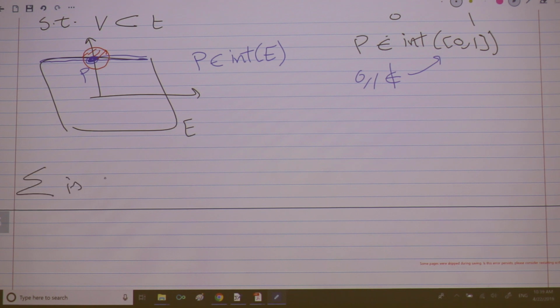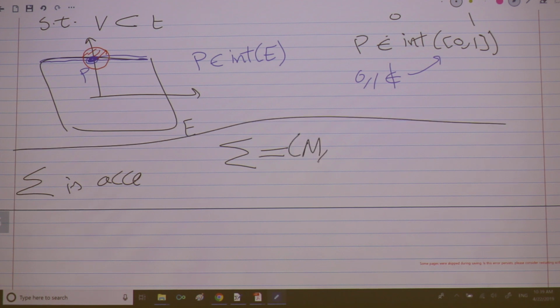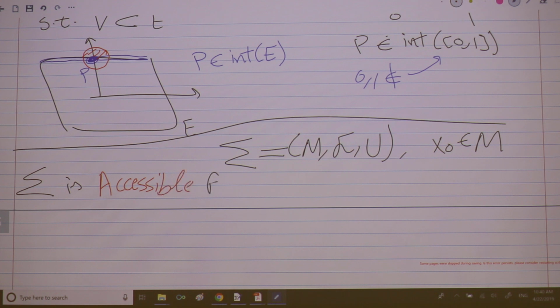Sigma is accessible. So we have sigma, a control system that is a triplet M, F, and U. And we have X naught that is in the manifold. Sigma is accessible from X naught. This is the property that we're defining that is weaker than controllability.